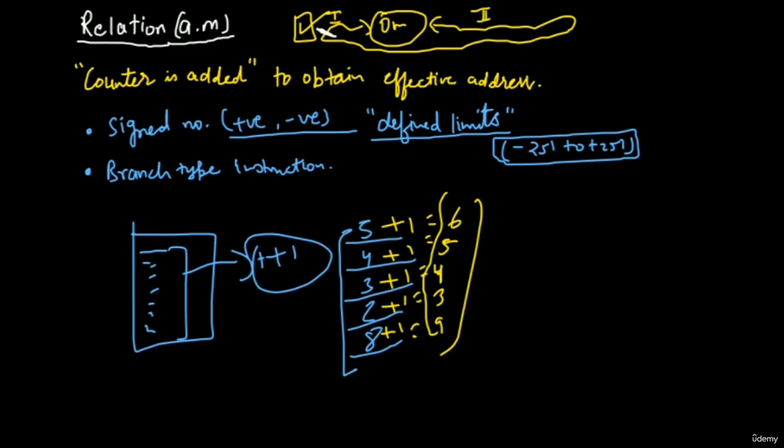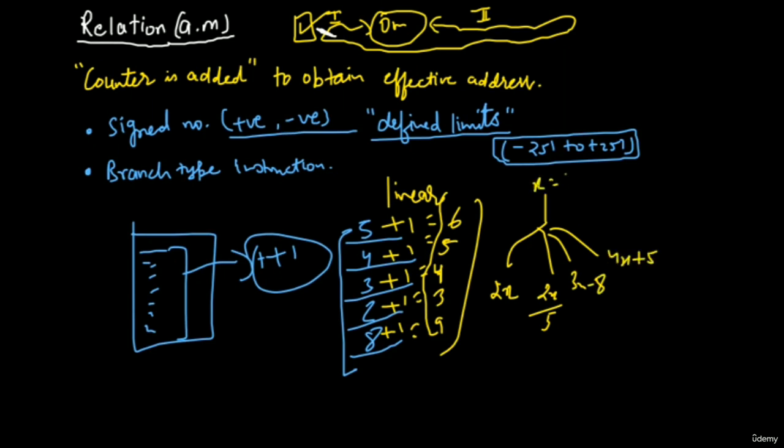Well, this can be called a linear one, and we can also branch it like this one. One instruction is affecting so many things. Like I say 2x by 5 and 3x minus 8, 4x plus 5, and previously the value of x is 1. But now if I change it from 1 to 2, it gets branched.